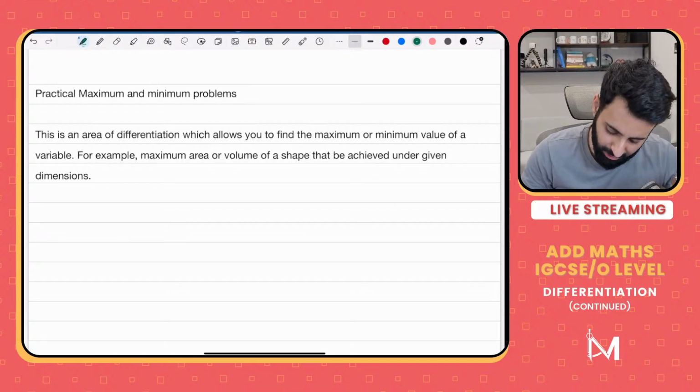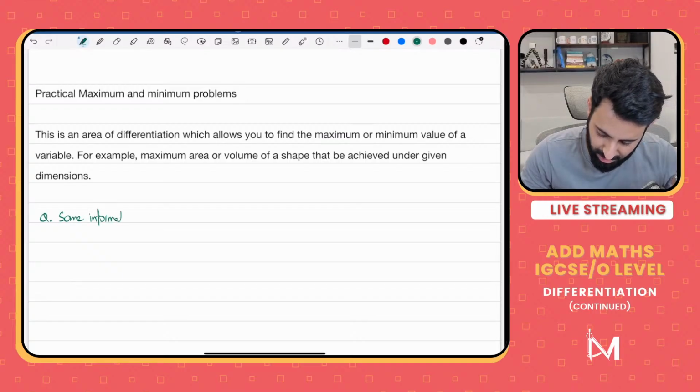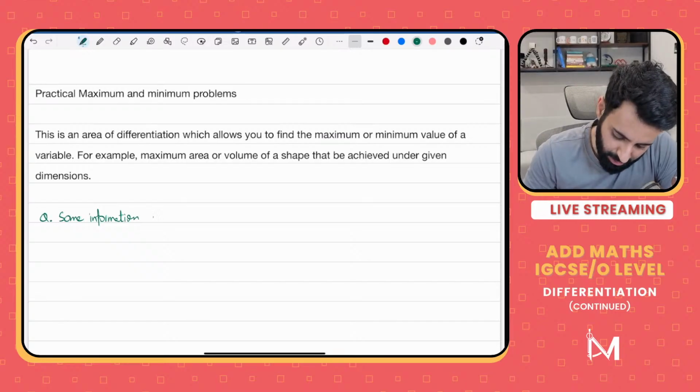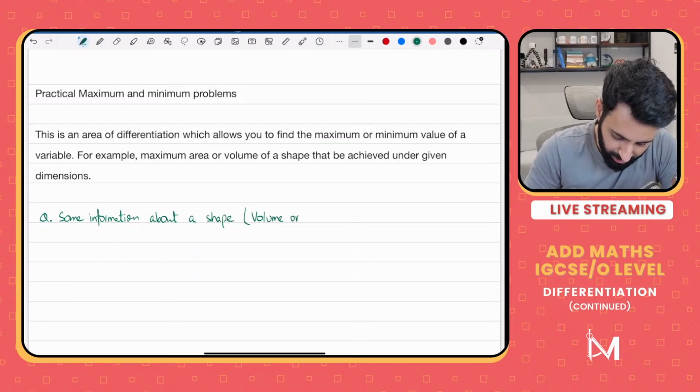You will basically be given some information, usually from mensuration, related to volume and surface area. Some information about a shape, for example the volume or area or even perimeter.